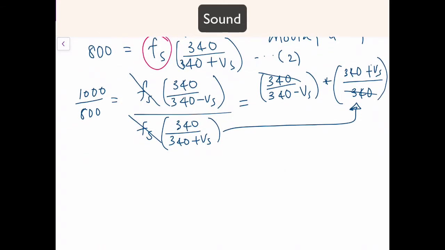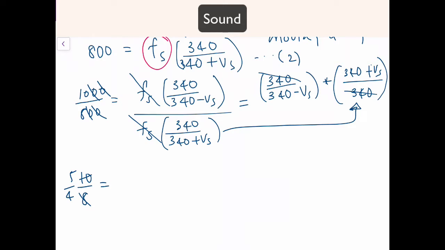So therefore, you can also simplify this if you want to. Two zeros cancel out two zeros here. So we'll have 10 over 8, which can further be simplified by 2, which will be 5 over 4.